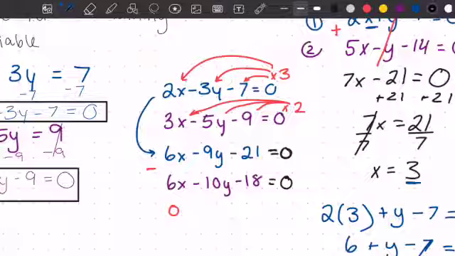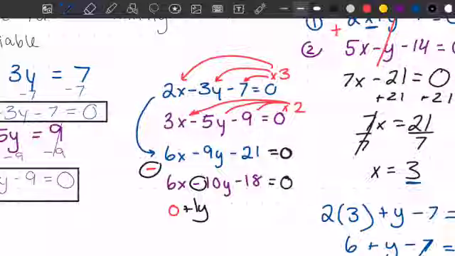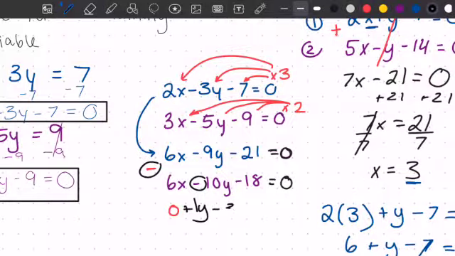Two negatives. Yeah, it's just y. Okay. And then negative 21 minus negative 18. So two negatives make a positive. Negative 3. Yeah. Okay, so I can add 3 to both sides. And then I'm left with y equals 3.